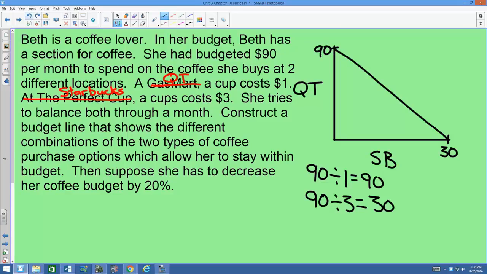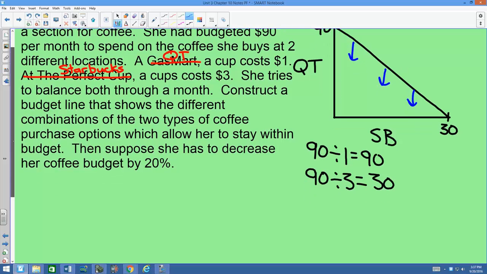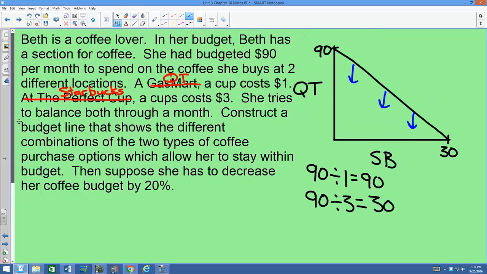Anywhere below this line is under her budget, anywhere on the line is in her budget, and anything over the line is out of her budget. So let's say she did 15 cups at Starbucks. How many could she get at QT?